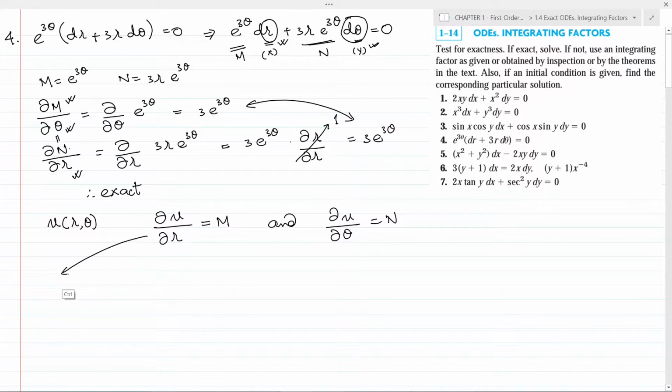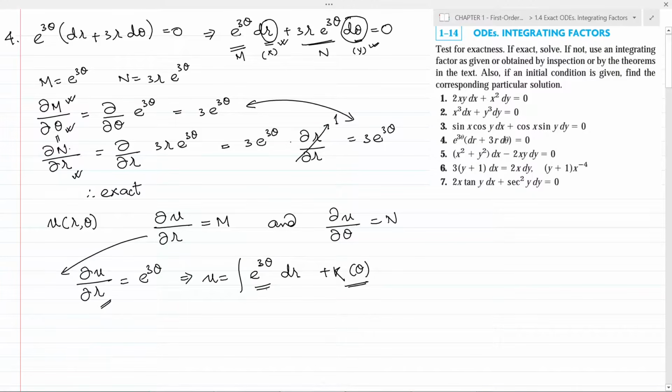Now from here we can write del u by del r equal to m, which is e to the power 3 theta, which means u equal to the integration of e to the power 3 theta dr plus k of theta. Because this derivative was with respect to r, the constant of integration will be a function of theta.